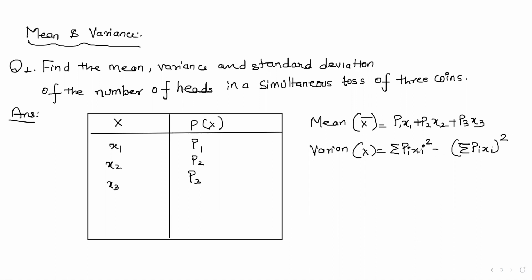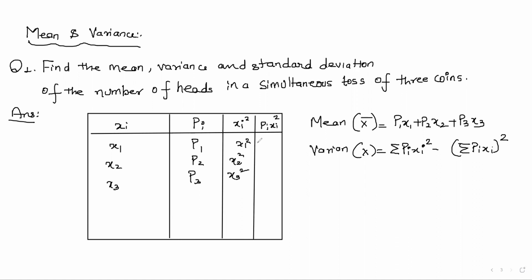So what does this mean? Here you have to find x square also. If this is xi and this is pi, then here we will draw one more column where we will write the value of xi square. So you have to do the square of x1, x2, x3. Then make one more column, and here you need to write pi xi square.